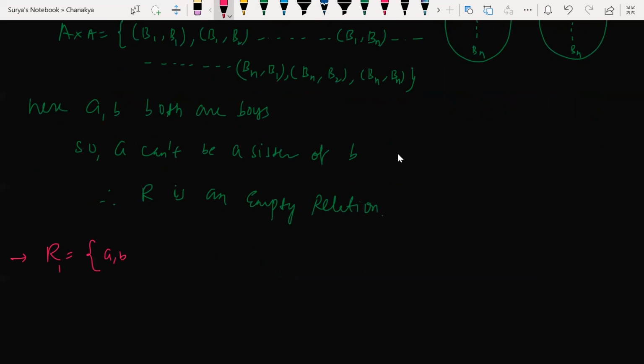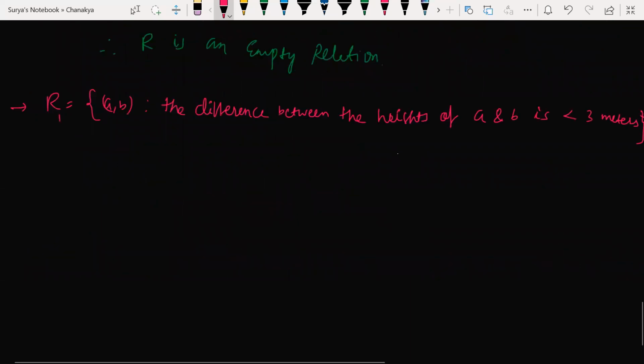Same set you take, (a, b) such that the difference between the heights of a and b is less than 3 meters. Less than 3 meters. So tell me what type of relation this one is going to be.